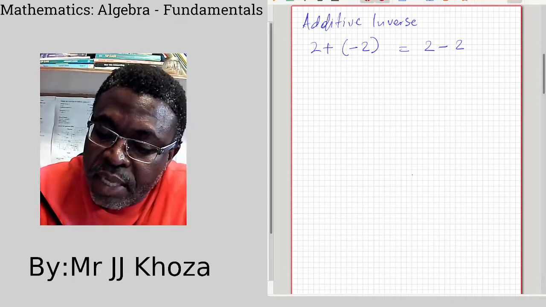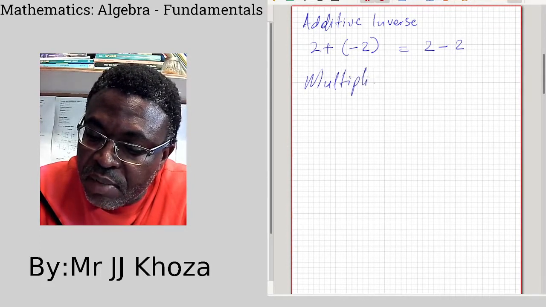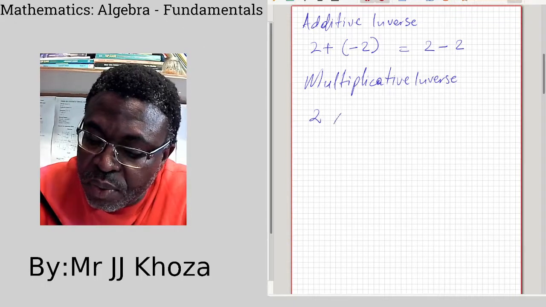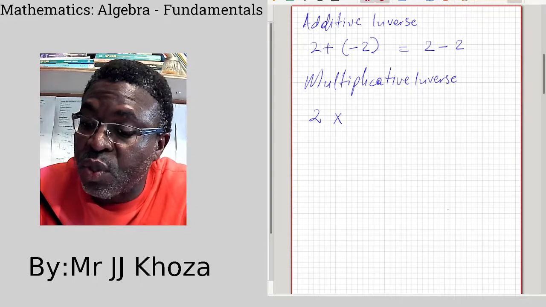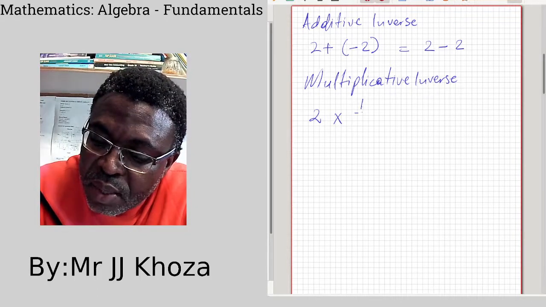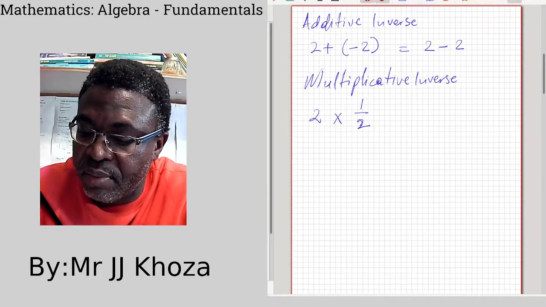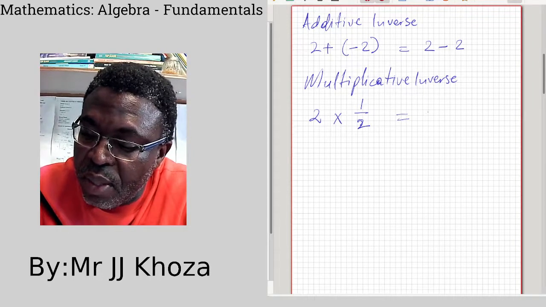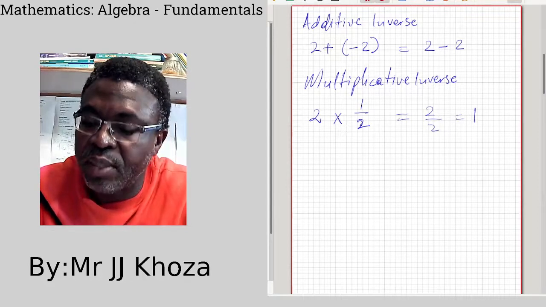And a multiplicative inverse: if I have 2 multiplied by the multiplicative inverse of 2, it's going to be 1 over 2, right? It's an inverse. So you end up with 2 over 2, which is equal to 1.